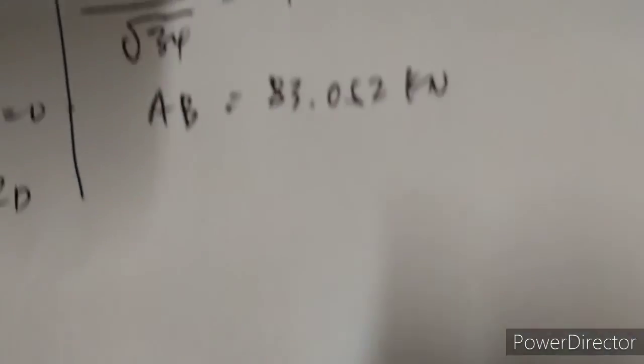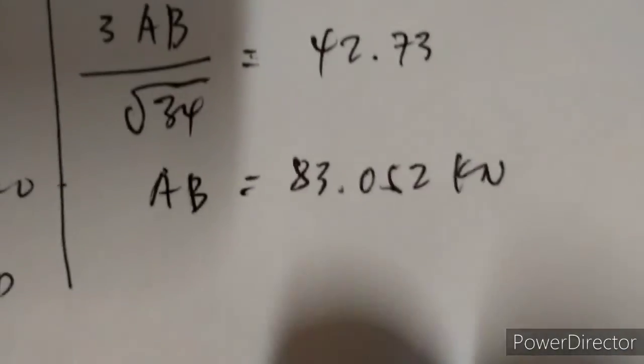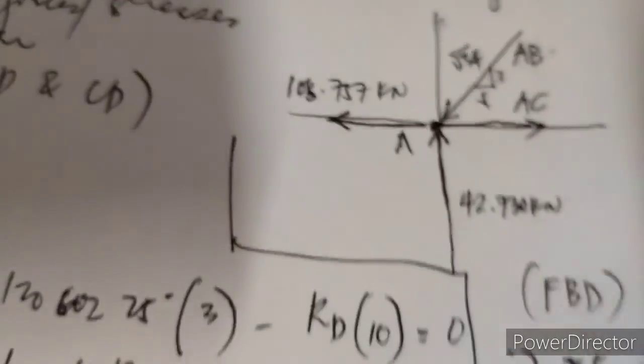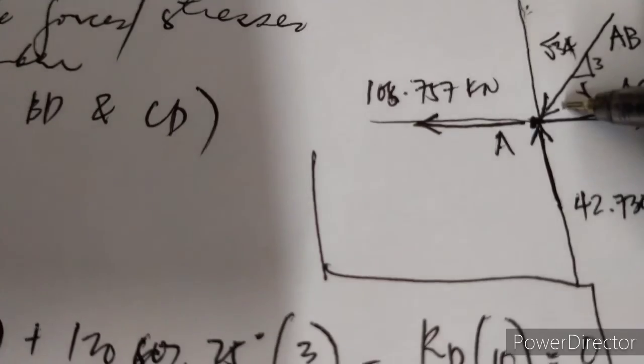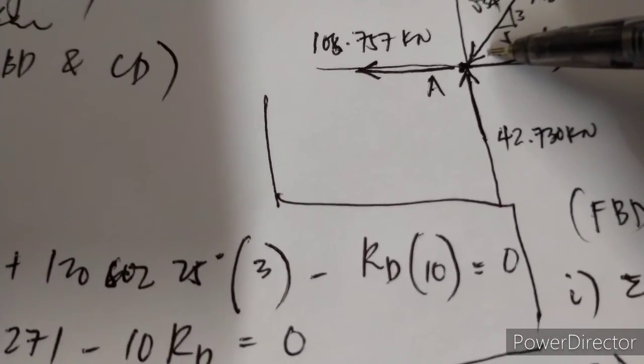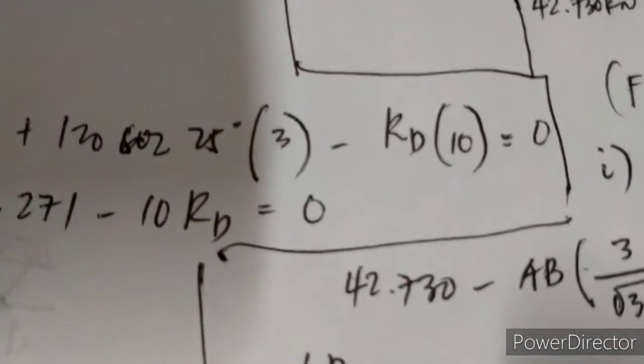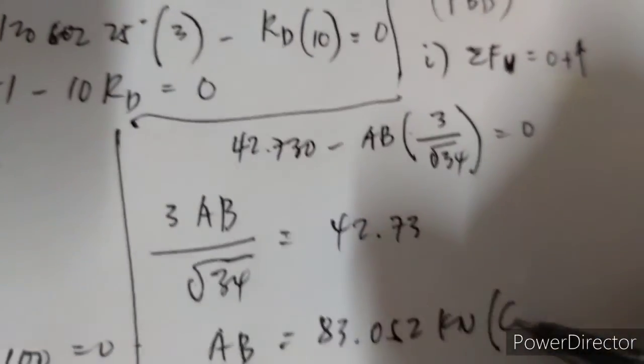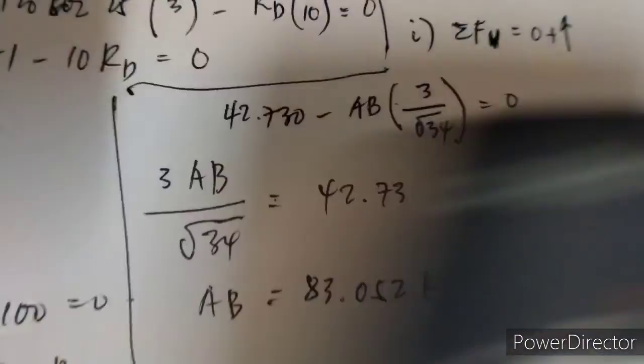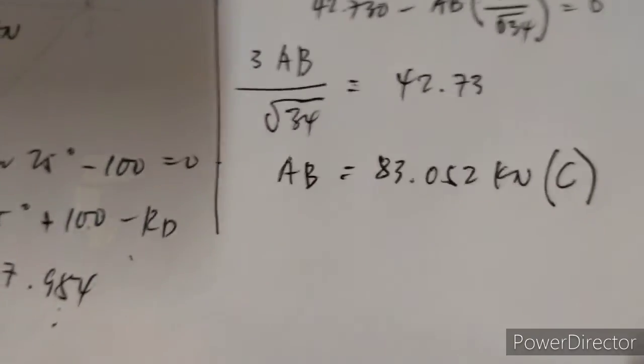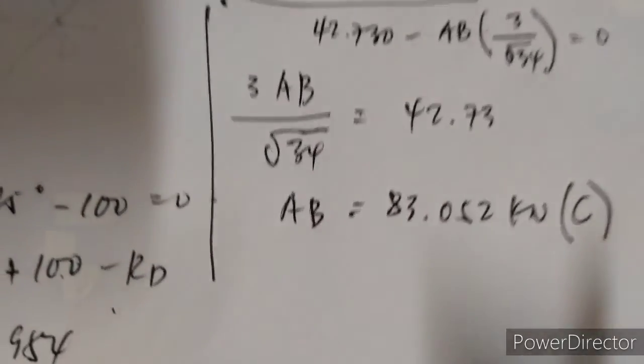It's positive, so most probably the direction of the arrowhead that you have assumed is correct. So this is in compression. We just write C if it is in compression, and if it is in tension, it's capital T.